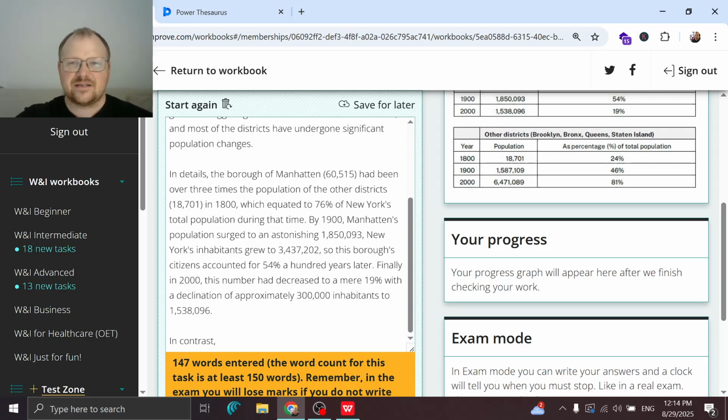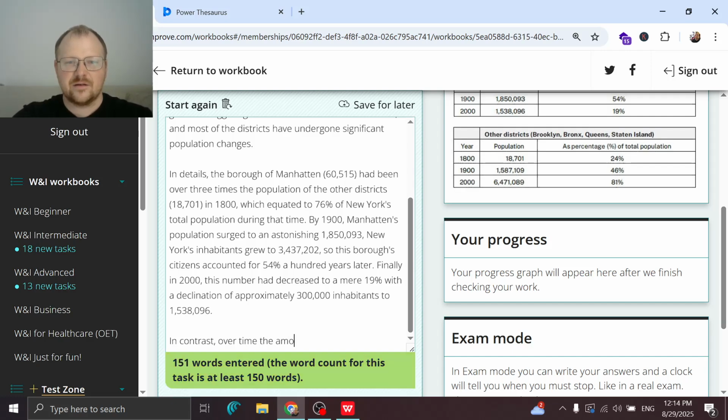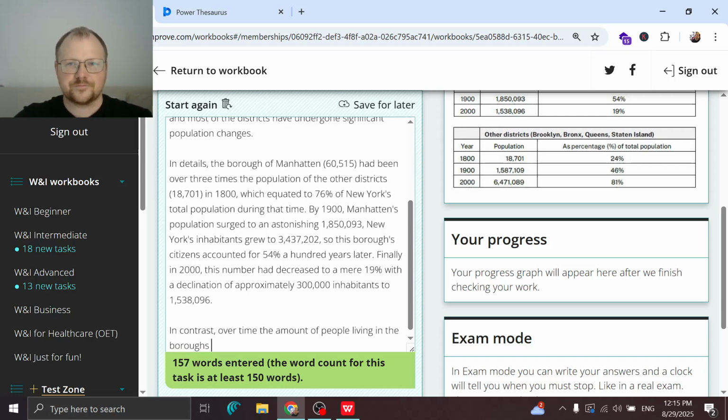In contrast, the boroughs over time, the amount of people living in the boroughs drastically, did I already say drastically?